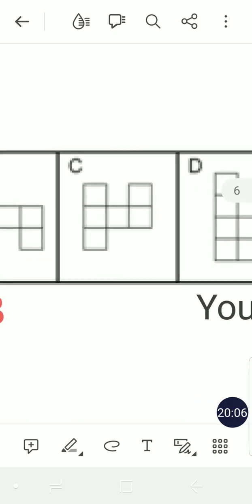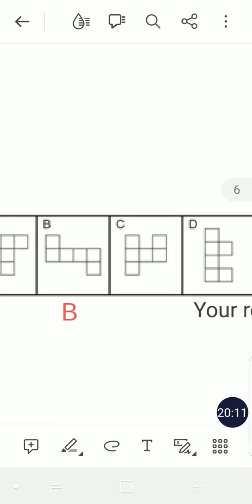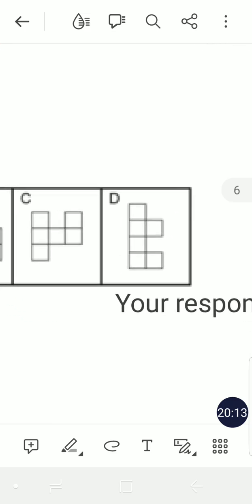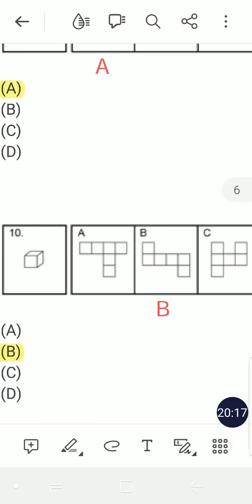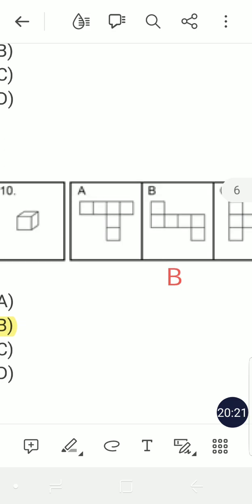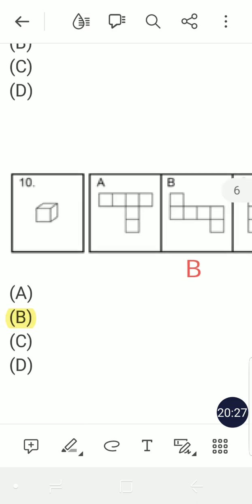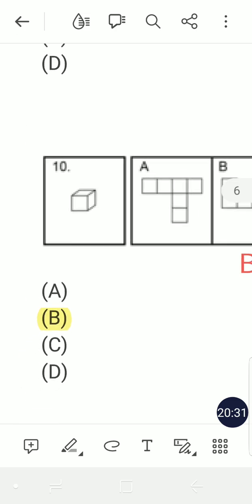And so C and D are all eliminated. They will not close correctly. The only correct answer is B, because if you fold the pattern, it will form a closed cube box.